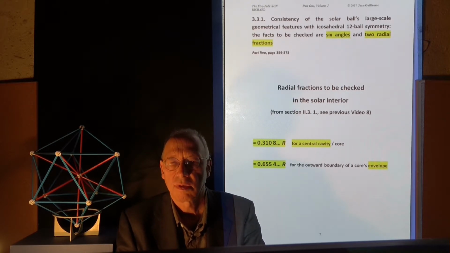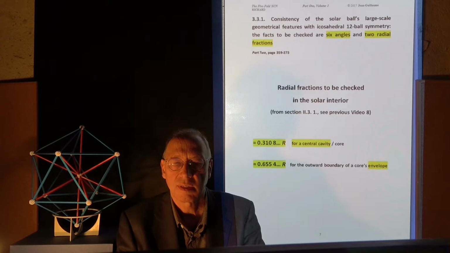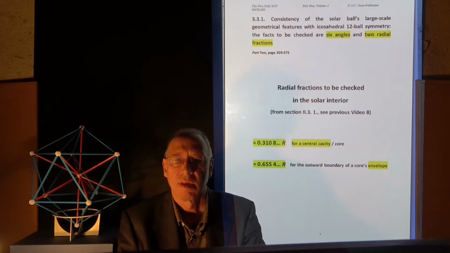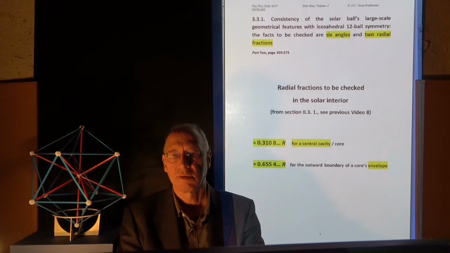As for the central cavity or central core, the radius of an icosahedral spheroid would be, for its cavity, 0.3108, etc. radius fraction. In the case of the solar ball, it would be located at 0.310, etc. radius fraction of the photospheric solar radius.